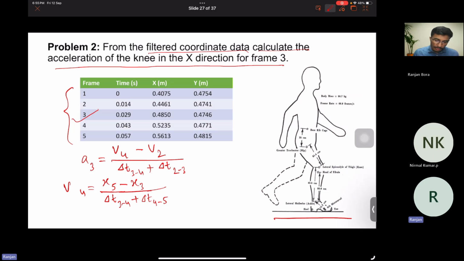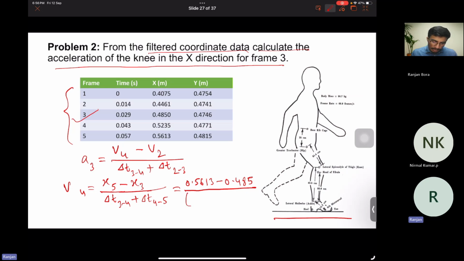So if we substitute these values here, what is x5? It is 0.5613 minus x3, which is 0.485, divided by delta t for 3 to 4.